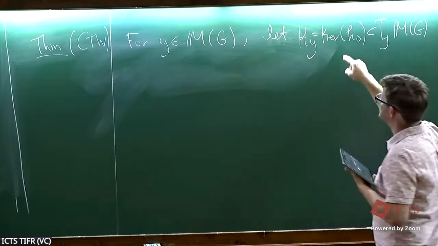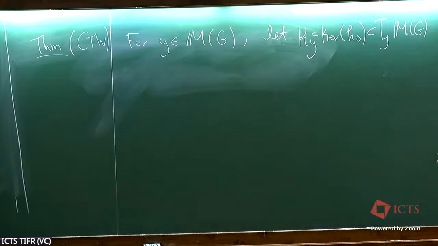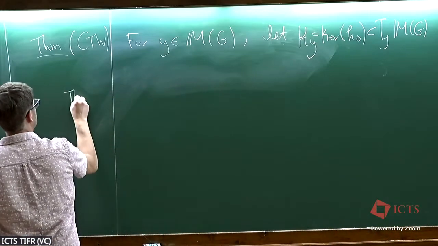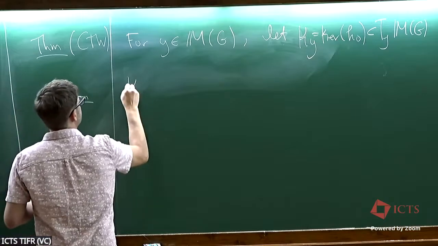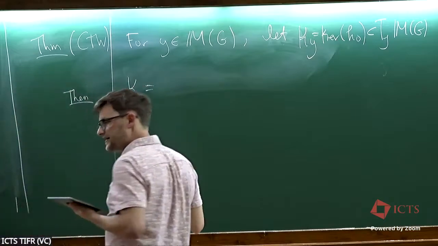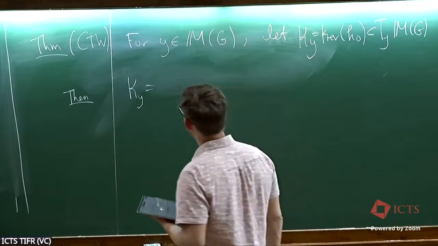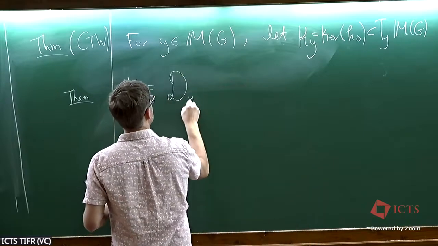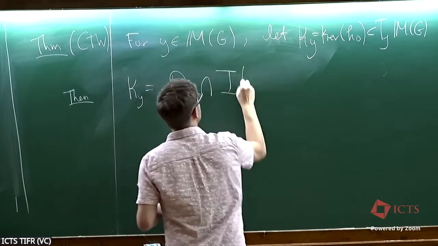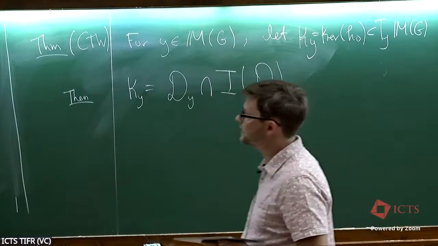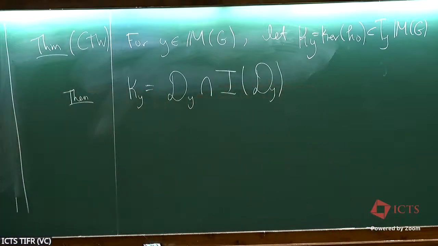This is the subspace on which H naught is degenerate. Then that kernel, the space of directions on which the Hermitian form is degenerate, is equal to D_y intersect I D_y, where D_y, if you remember, is the isomonodromic distribution at the point.